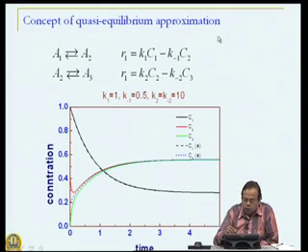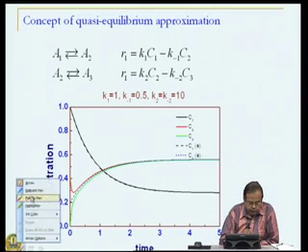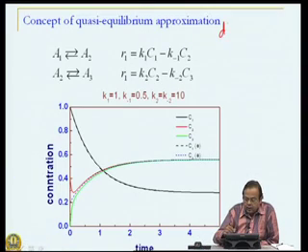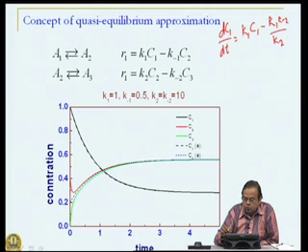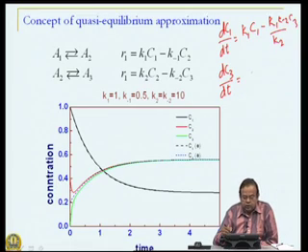So, what do I do? My dC1 dt is now K1 C1 minus K minus 1 K minus 2 by K2 C3, and dC3 dt, as you would imagine, would be exactly the negative of dC1 dt.